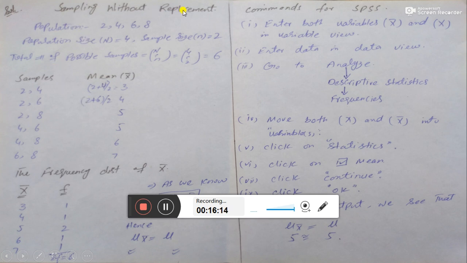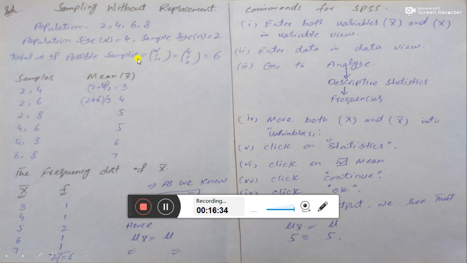Okay, in sampling without replacement, how will we form the samples? I have listed the population again, the same population which I used in sampling with replacement. The population size is 4, sample size is 2. The only difference from the previous case is the total number of possible samples.